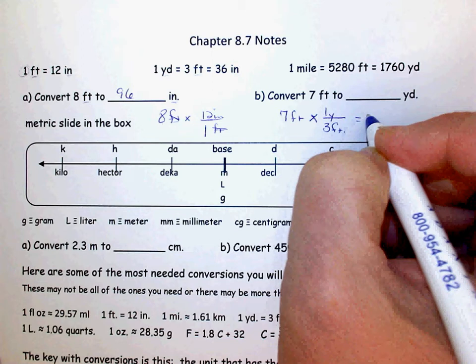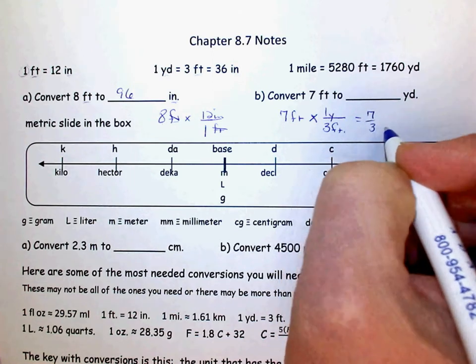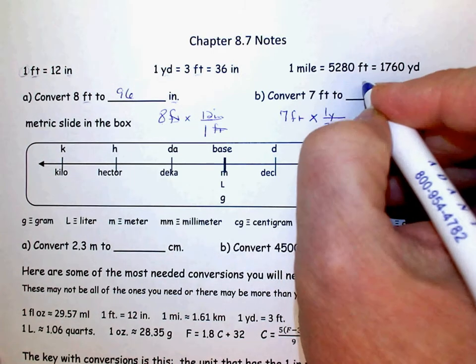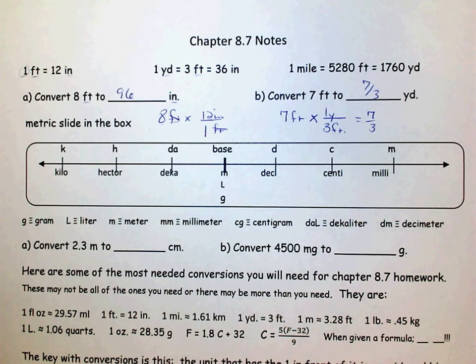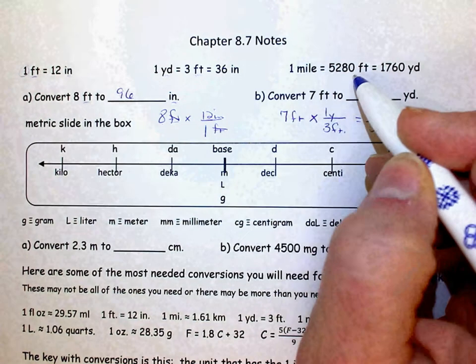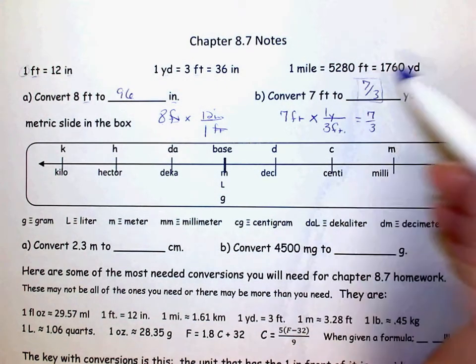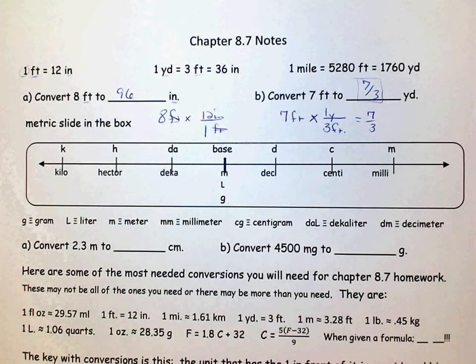So we take 7 over 3 yards. And as you know, 7 divided by 3 is an icky decimal number. It's 2.3 repeated forever. When this happens, most times they want you to leave it as the ugly fraction.